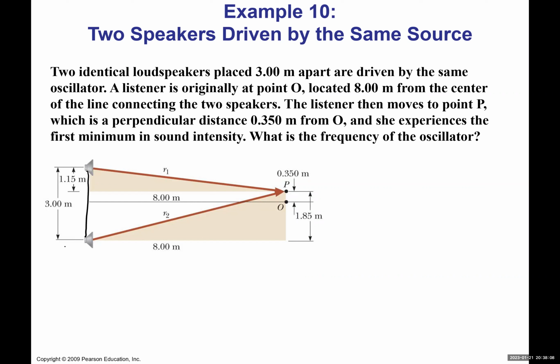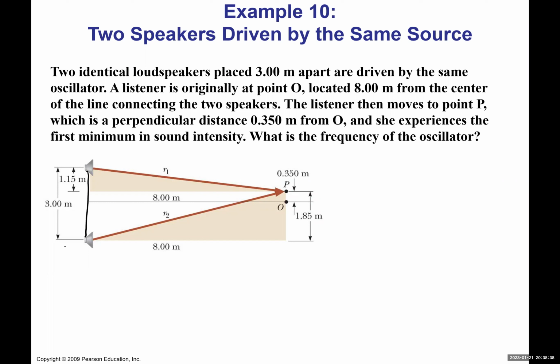A listener is originally at point O, located 8 meters from the center of the line connecting the two speakers. The listener then moves to point P, a perpendicular distance 0.35 meters from position O, and she experiences the first minimum in sound intensity. What is the frequency of the oscillator?